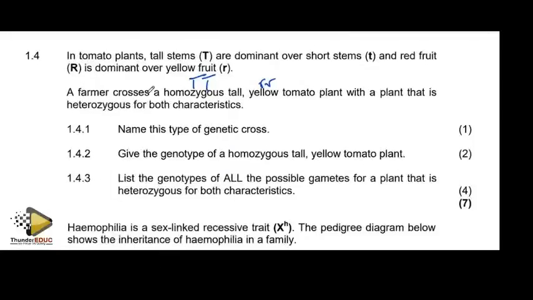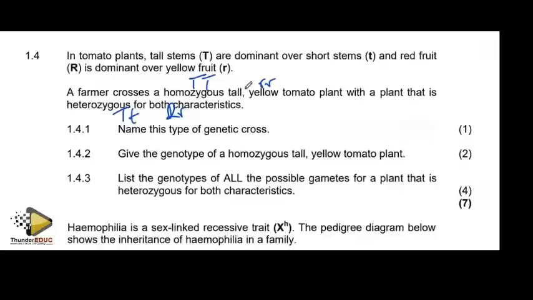A farmer crosses a homozygous tall, yellow tomato plant with a plant that is heterozygous for both, which means it's going to be capital T, small t, and capital R, small r. They name the type of genetic cross because you're involving two characteristics.